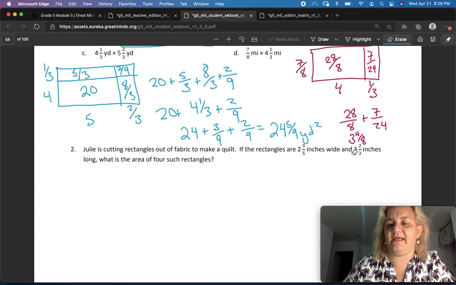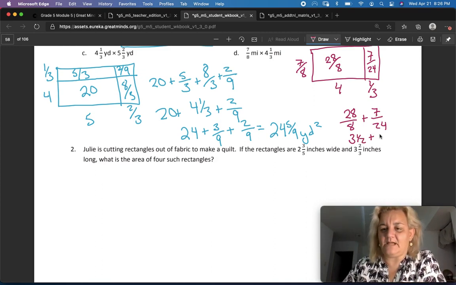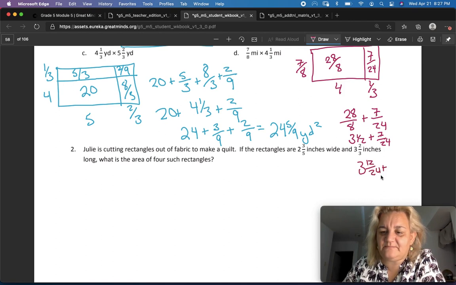But I could also call that 1/2. And on this side, can I simplify that? I don't think I can. 7/24. So I'm going to change this to 24ths by making it 3 12/24ths plus 7/24ths equals 3 19/24ths. And my units are miles squared.